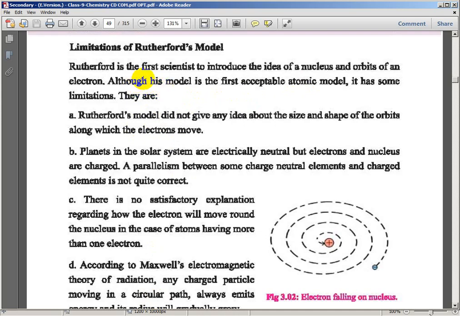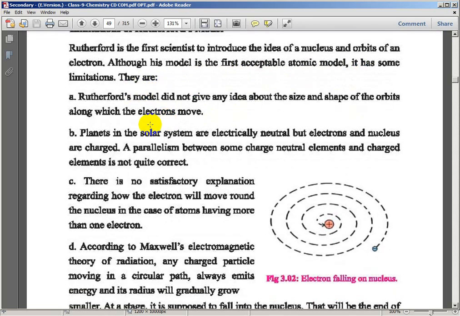The Rutherford model has some advantages. Rutherford is the first scientist to introduce the idea of the nucleus, so this model gave the first idea of the nucleus, and also the idea of the orbits of an electron. Although this was the first acceptable atomic model, it has some limitations also, some disadvantages.